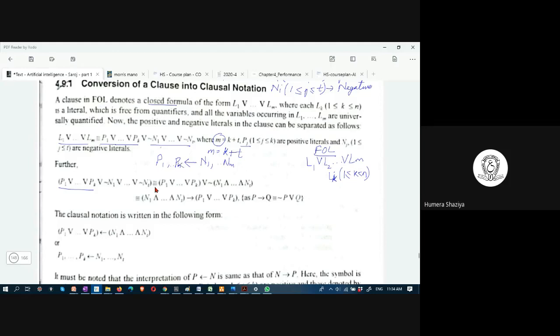Let us take Pk and Nt. These are the total number of literals. P1 union P2 union up to Pk, or not n sub i, or up to nt.